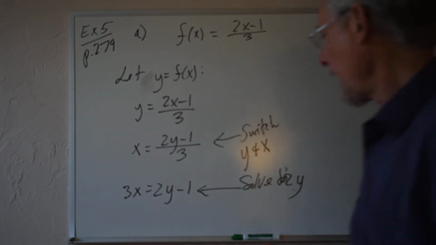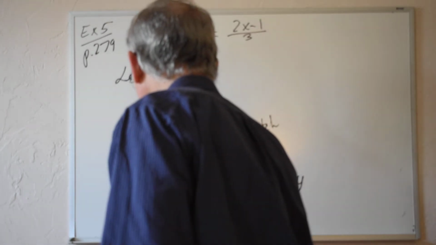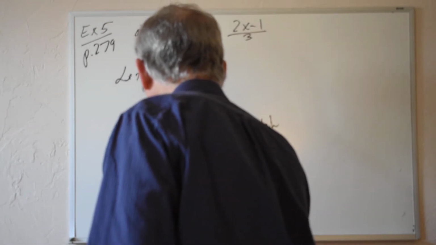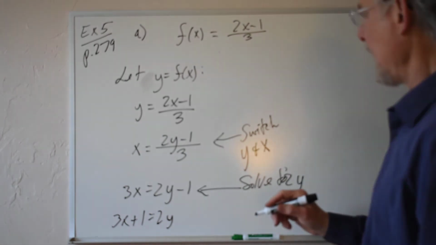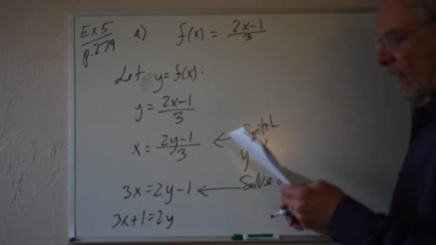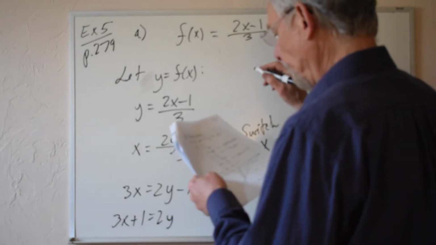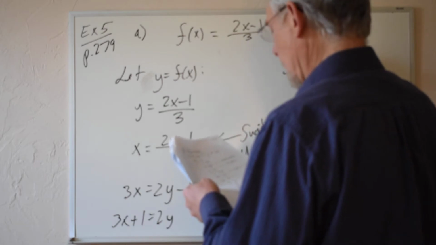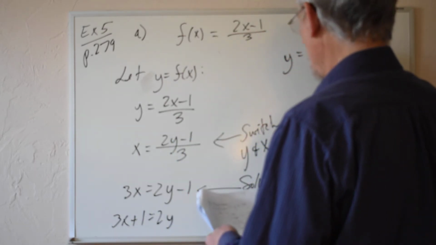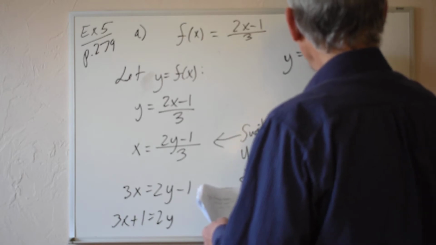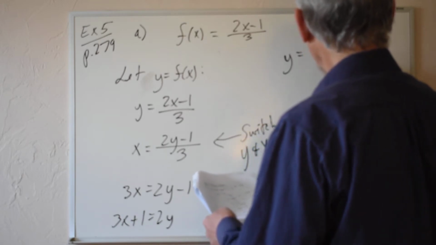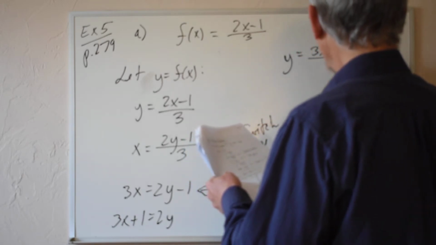Okay. Add 1 to each side. And where do I get? I arrive here. y equals 3x plus 1 over 2.